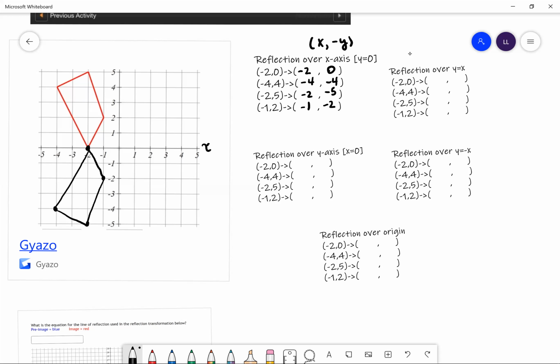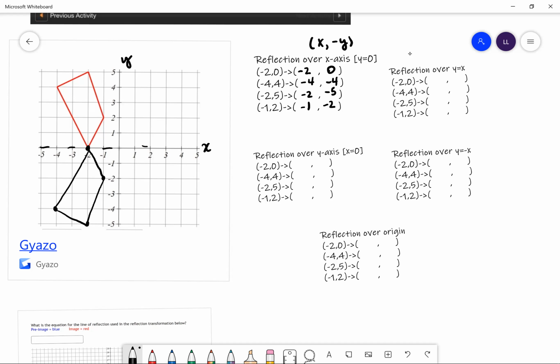So here's the x-axis here, and here's the y-axis here. And as you can see, it has been reflected over the x-axis. Now I want to point out one more thing to you. Do you notice that this point right here is actually on the line of reflection? This is the line of reflection.